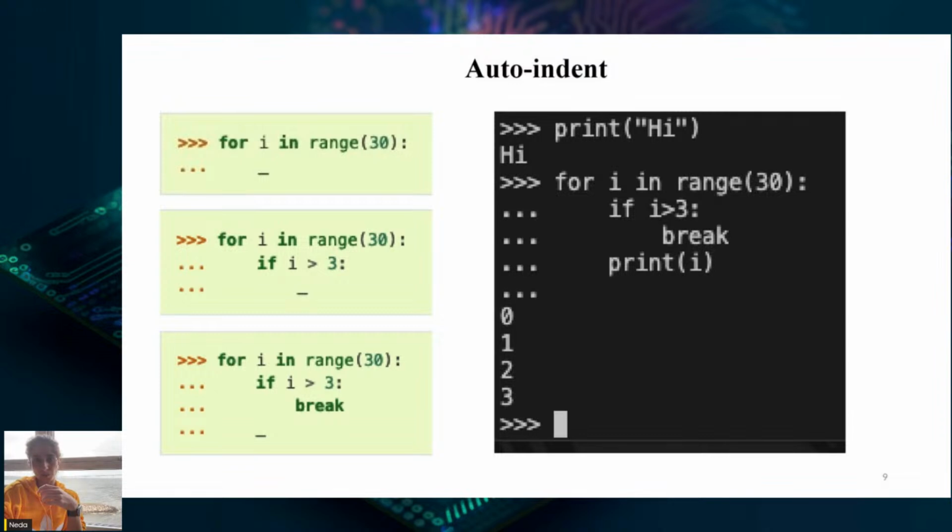Or if you want to write another code, for example here we want to break and come out of the if, then the indentation will be the same as the if here. So you should be careful that every colon will get 4 spaces of indentation, and it will write the next command in this indentation space.